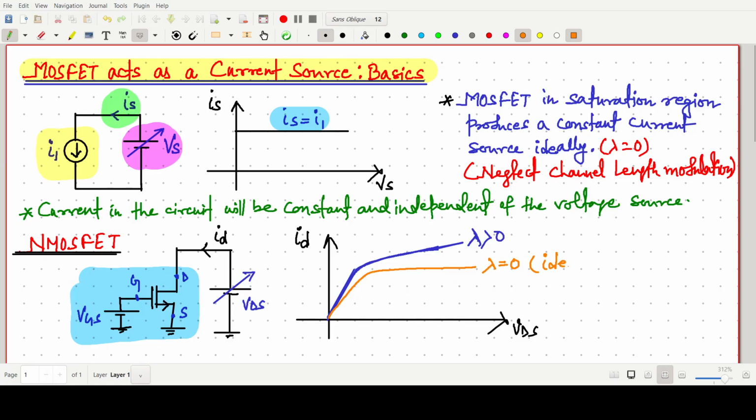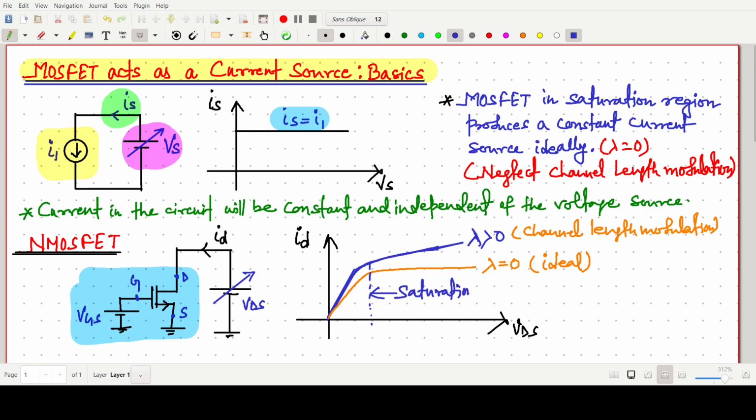We can say this one is ideal, and this one is by considering channel length modulation. So that's why lambda is greater than 0.